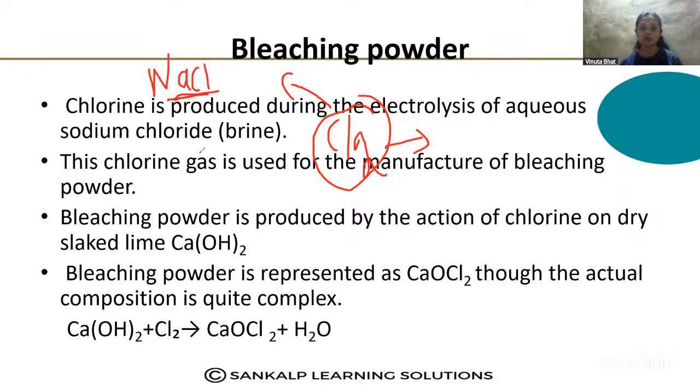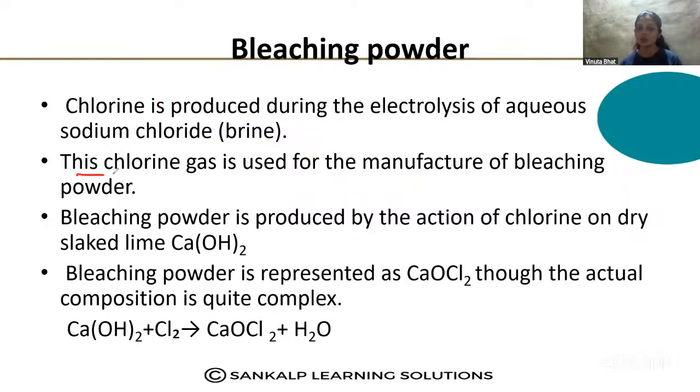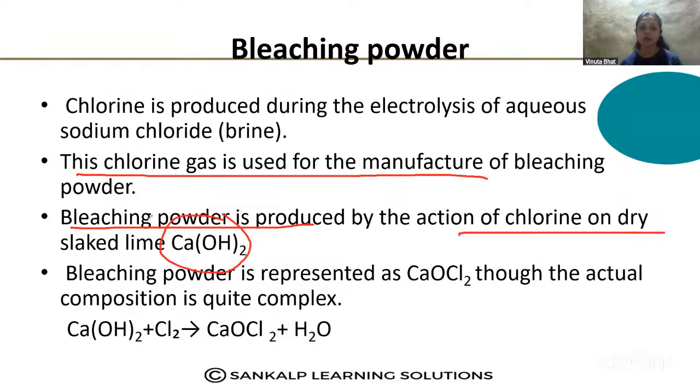So here also sodium chloride is the raw material. Then this chlorine gas is used for the manufacture of bleaching powder, which is produced by the action of chlorine on dry slaked lime, that is calcium hydroxide.